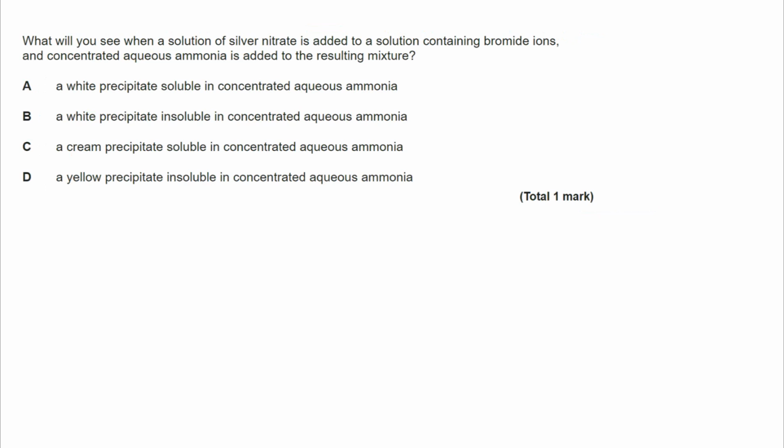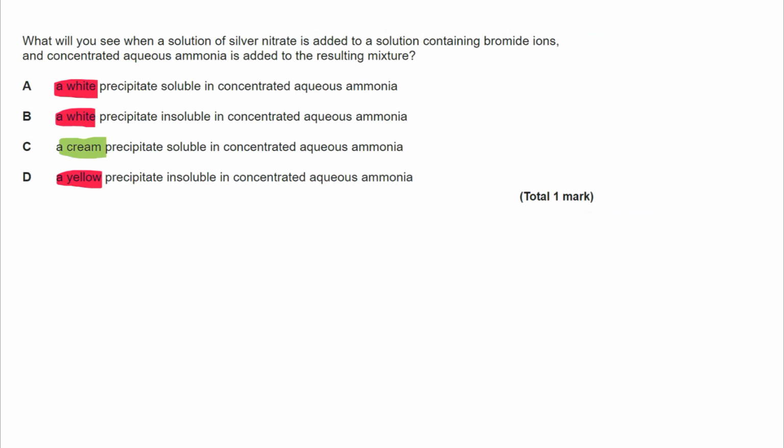So in this case, what will you see when a solution of silver nitrate is added to a solution containing bromide ions? Again, if you remember the colours of the precipitates, that's all you need. But we've got an extra bit here as well. Concentrated aqueous ammonia will also have an impact.